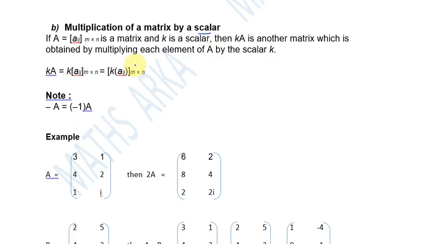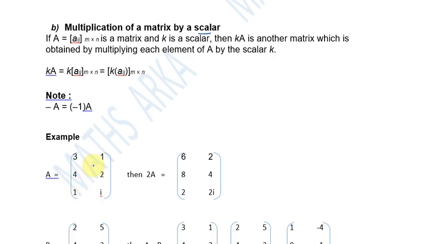So if A is a matrix and K is a scalar, then kA is another matrix which is obtained by multiplying each element of A by the scalar K. Take the example: A is equal to this matrix, and we multiply it by 2, the scalar. What result do we get?